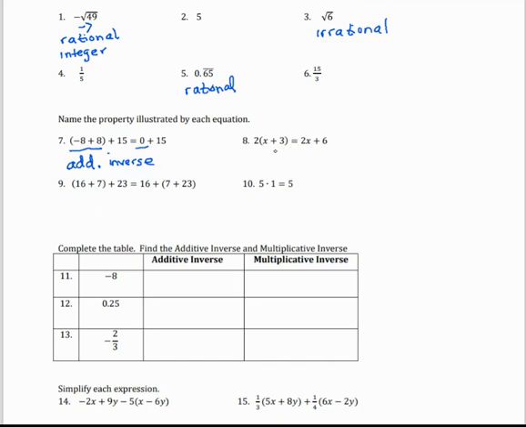Number 2, what's happening here? What's happened here is that this 2 got distributed. So this is our distributive property. Number 9, what's happened here? All the numbers are exactly the same, but the parentheses have changed. So when the grouping symbols change locations, that is the associative property.